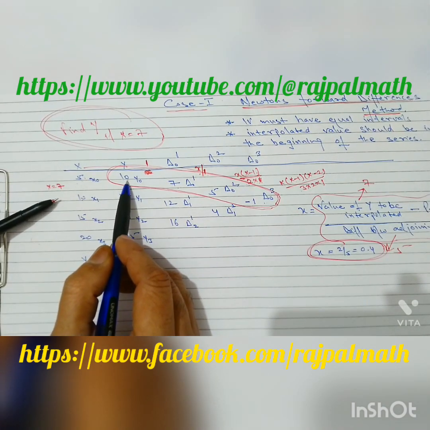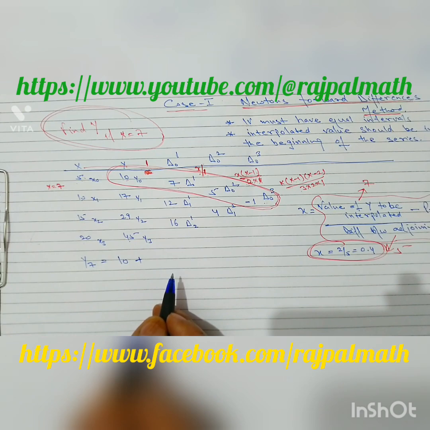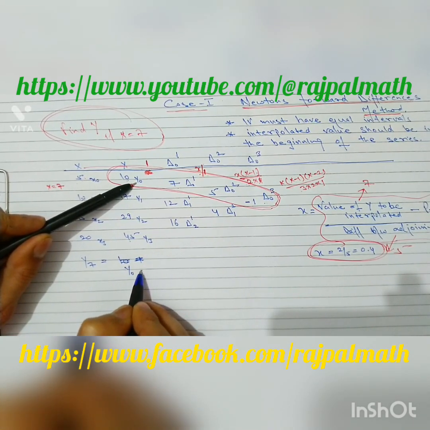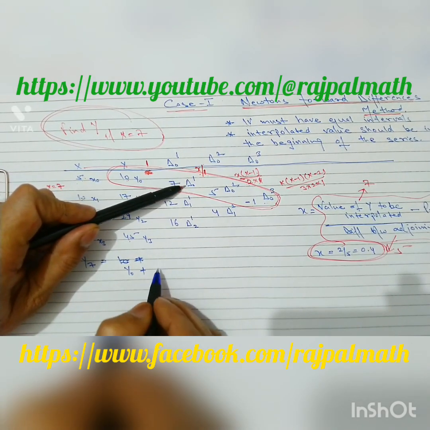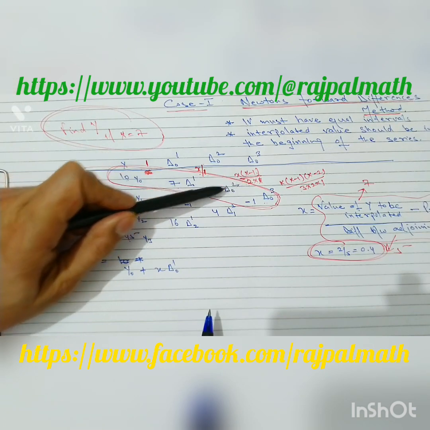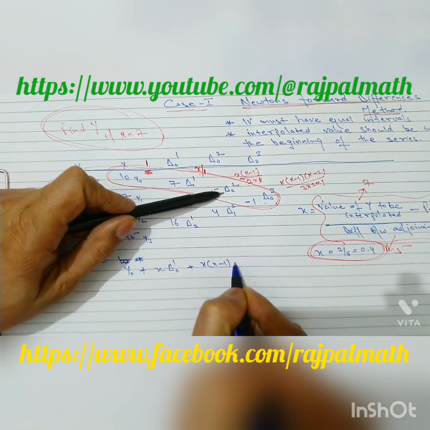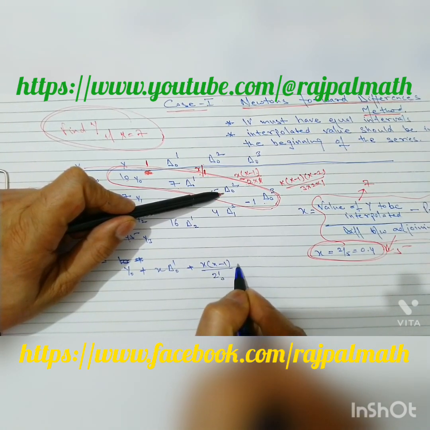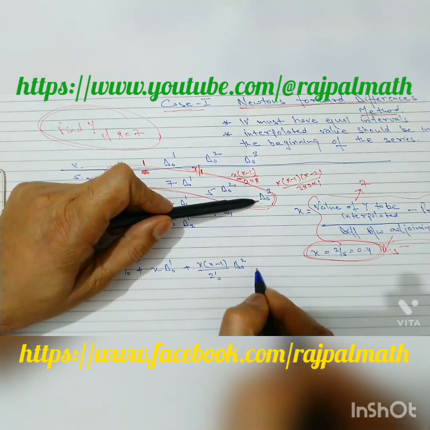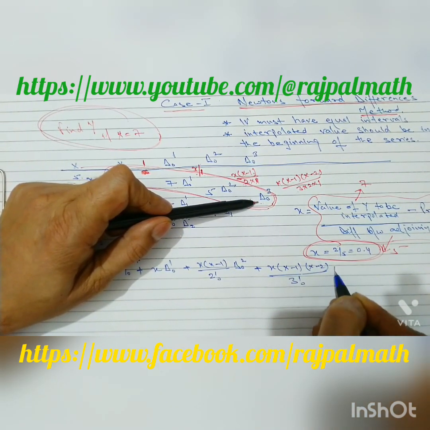First write the general formula: y naught plus x into delta naught 1, plus x into x minus 1 over 2 factorial into delta naught 2, plus x into x minus 1, x minus 2 over 3 factorial into delta naught 3.